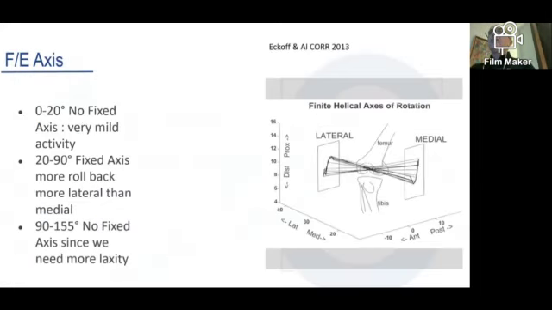On the other hand, the flexion extension axis, when you flex your knee and extend your knee, is an axis on which there is flexion of the leg and extension of the leg. It was demonstrated by Eckhoff in 2013 that this axis is not fixed, with very mild activity between 0 and 20 degrees of flexion.